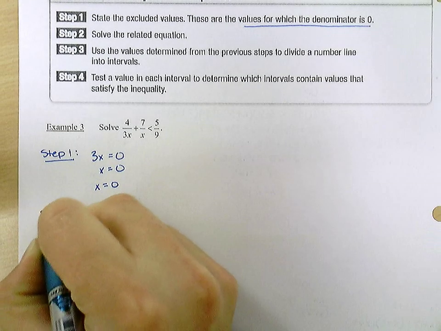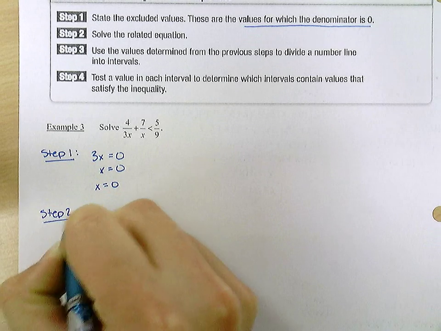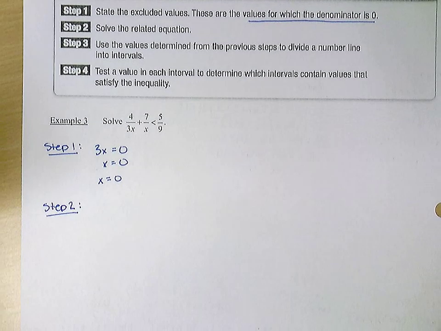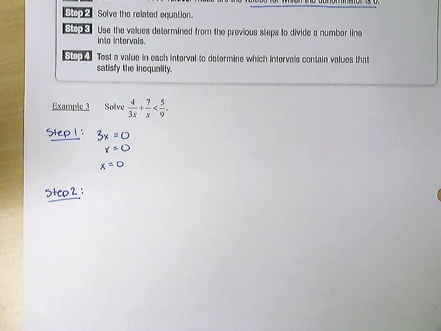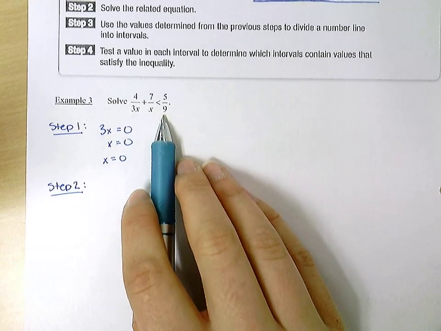Step 2 is to solve our equation. In order to solve our equation, we have to find out what the least common denominator is. So I need to take each of my values here and factor them.